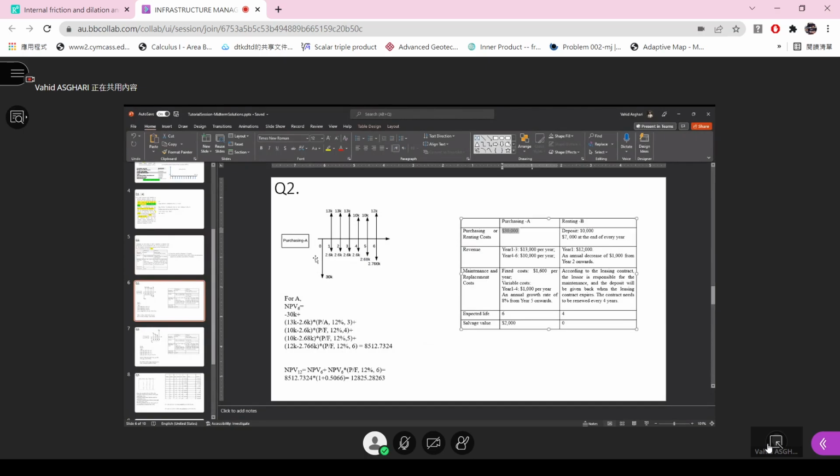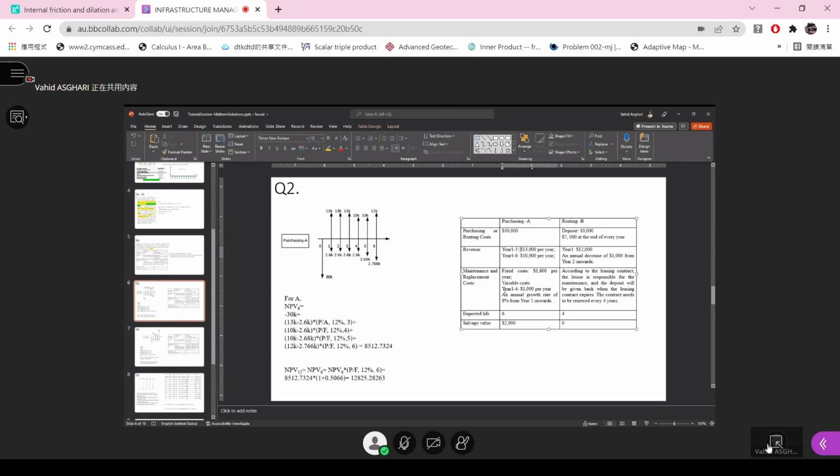This is the first arrow. Year 1 to year 3, we will have $30,000 revenue per year. Year 4 to 6, $10,000. What about the cost? We will have 1.6K per year fixed.